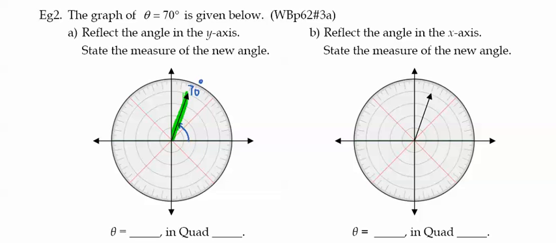If this angle points to the right hand side in quadrant number 1 and you try to flip it in the y-axis, when you try to flip it over, you are going to see a new angle. This terminal arm will now go here.